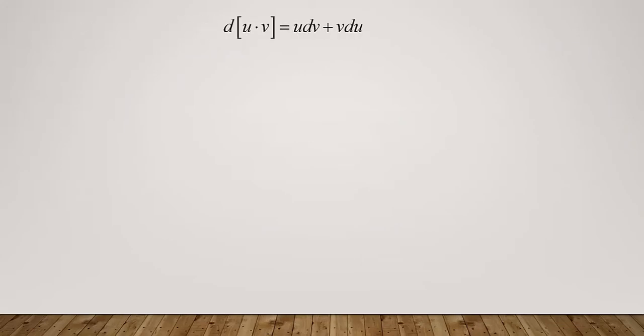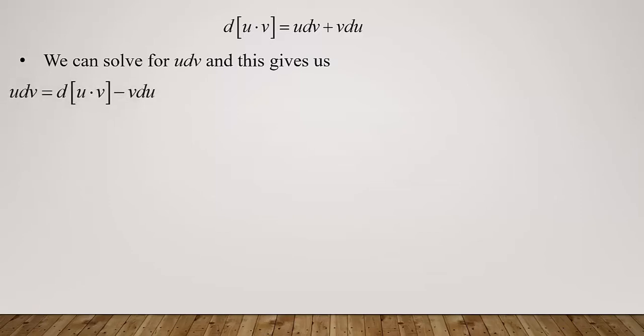Let me write that down again. I can solve that equation for u dv. It's an equation, so if I solve it for u dv, I subtract v du from both sides to get u dv equals d of u times v minus v du.